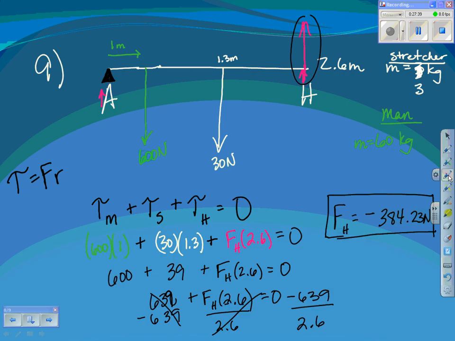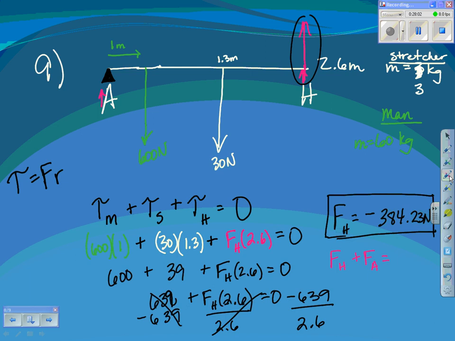Okay. Now, to find the force of Anita, the force of Hank plus the force of Anita all have to equal the downward force, so that the guy doesn't go bouncing up and down. Okay? So the downward forces, the two arrows that I have are the green and the white one.